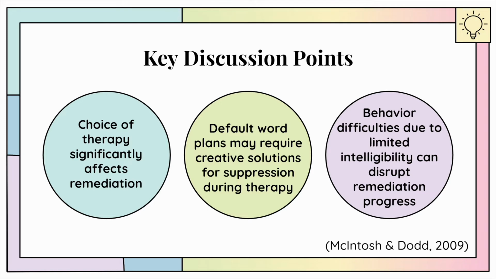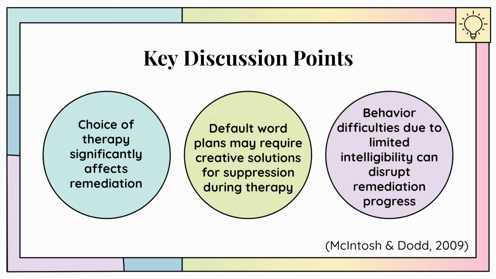And lastly, Cameron's case really highlighted the impact that behavior problems can have on successful remediation of a disorder. So Cameron's course of therapy was lengthened more than expected, largely due to his avoidance strategies that decreased progress and limited his practice with target words both in the clinic and at home as well.